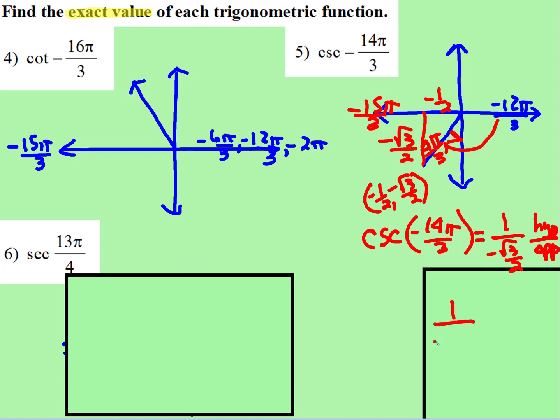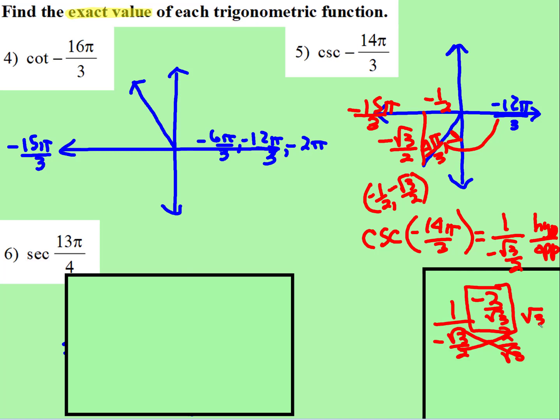So let's go ahead and do that. We're going to multiply top and bottom by negative 2 over root 3. That cancels. Well, 1 times that is just negative 2 over root 3.